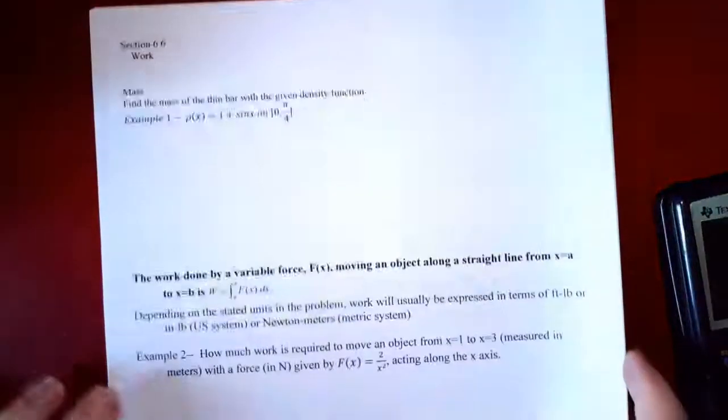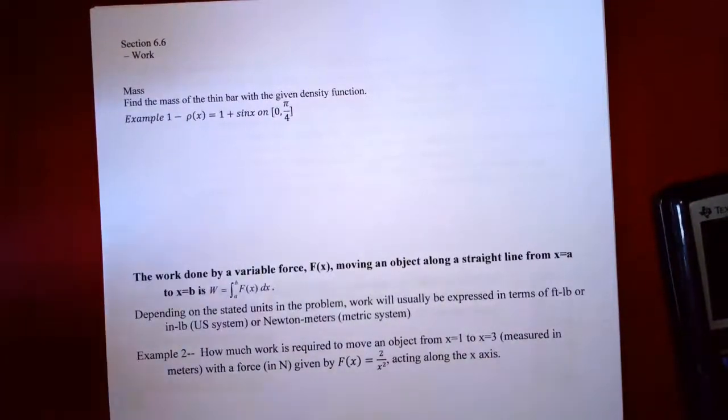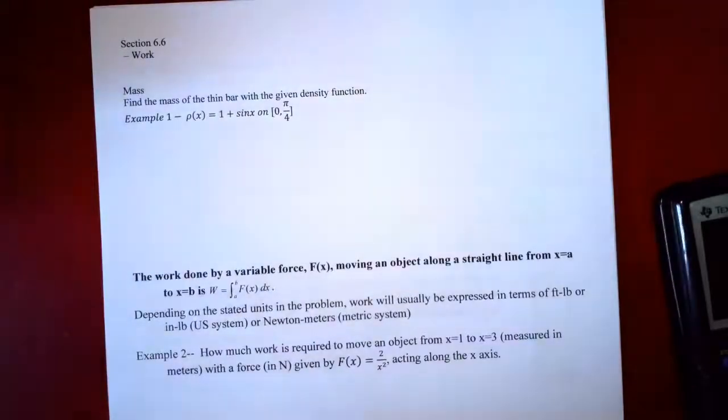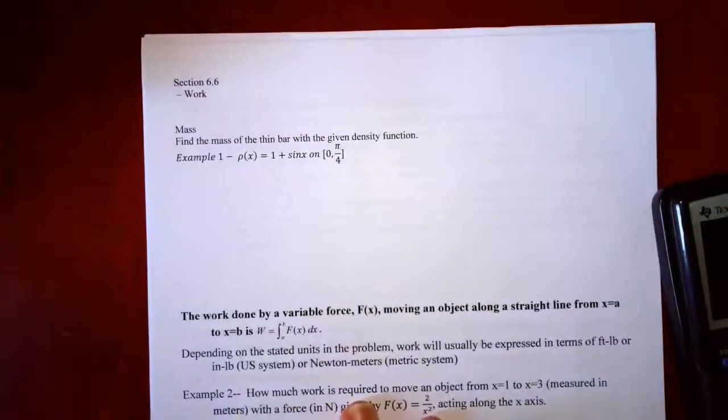Okay, so first of all, in general, when we talk about density, don't stress if you've never had physics or you haven't had it in a while. We won't get too far into the physics of it.